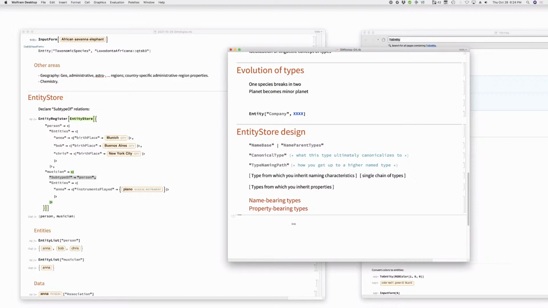Is it that it appears in its proximal name-bearing type? Do you understand what I mean by that? Yes? No?